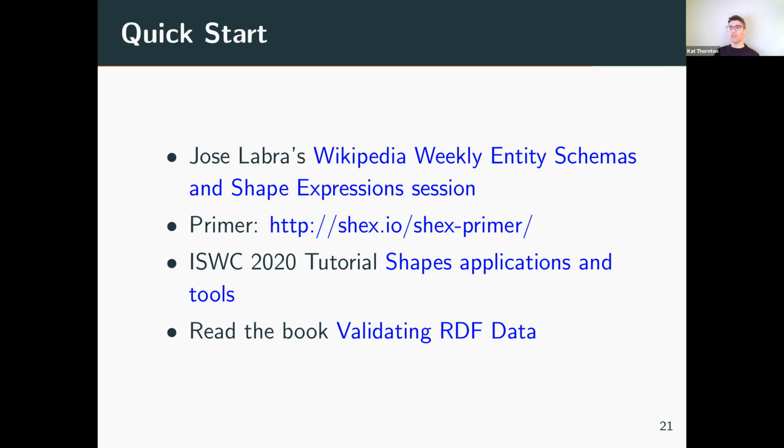And of course, you could read the book, Validating RDF Data, and I put a link to the HTML version of the book here. So you can read that on the web.